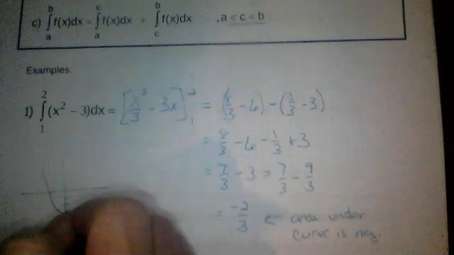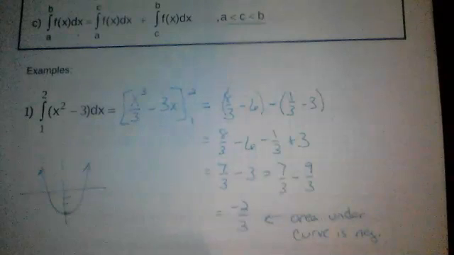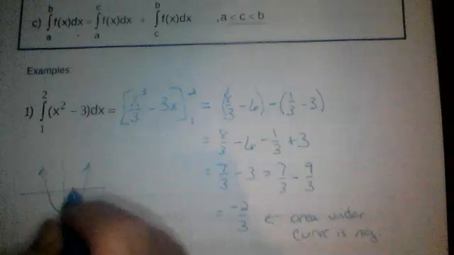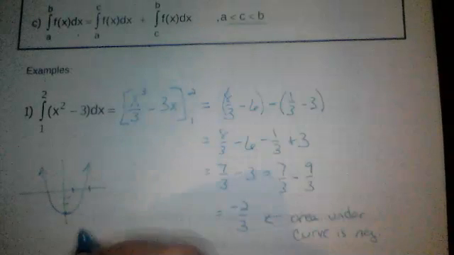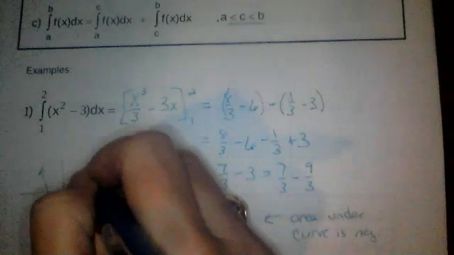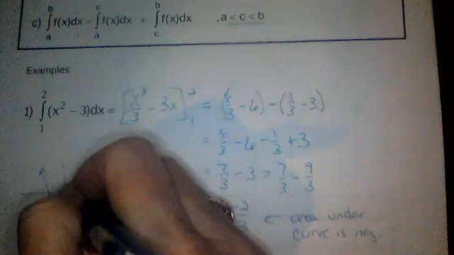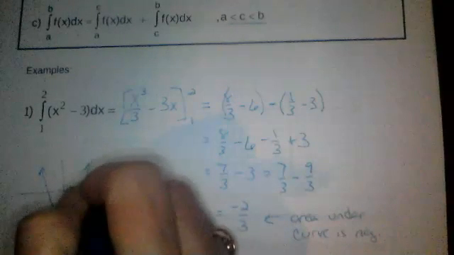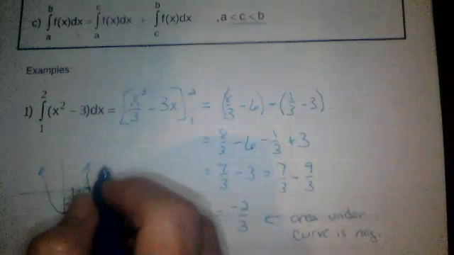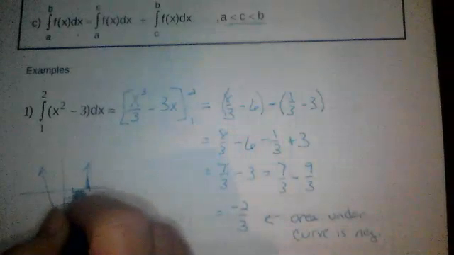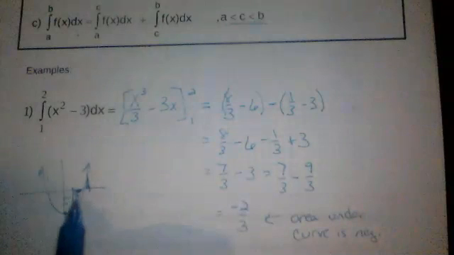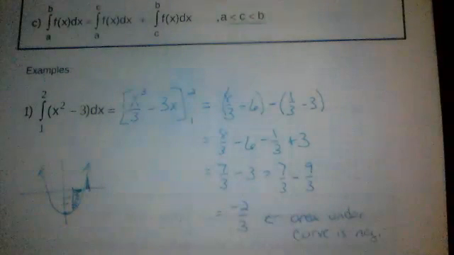So it looks something like this. We were going from 1 to 2. 2 would actually be out here somewhere, I believe. So what we're saying is that the area between the curve and the top and the curve and the x-axis down here, there's more negative area than there is positive area.